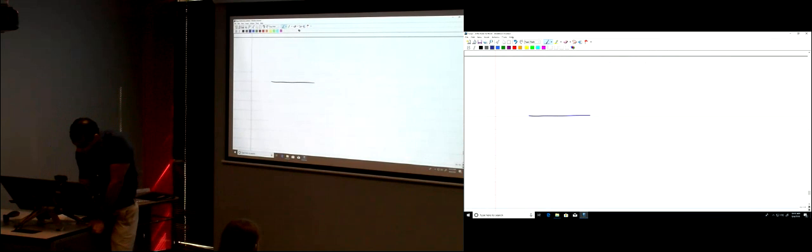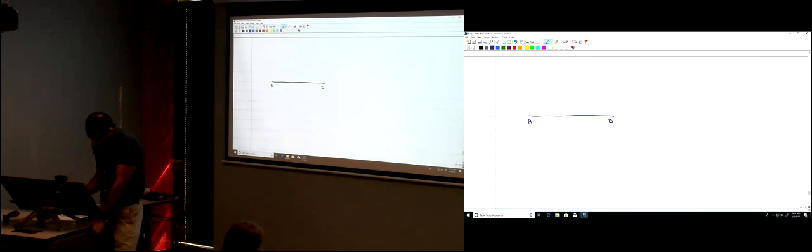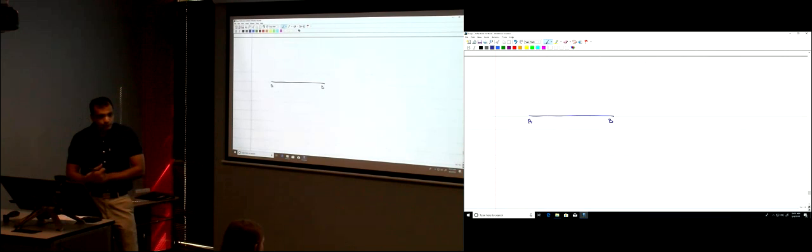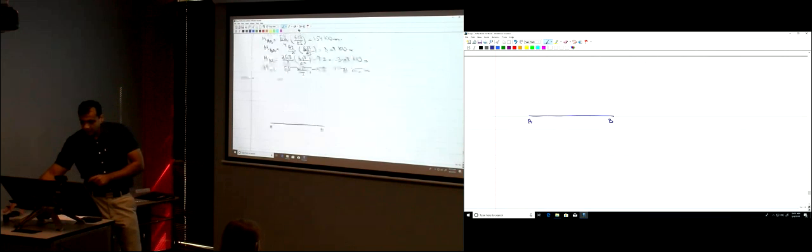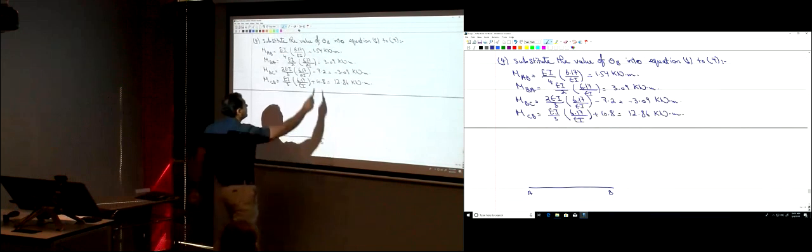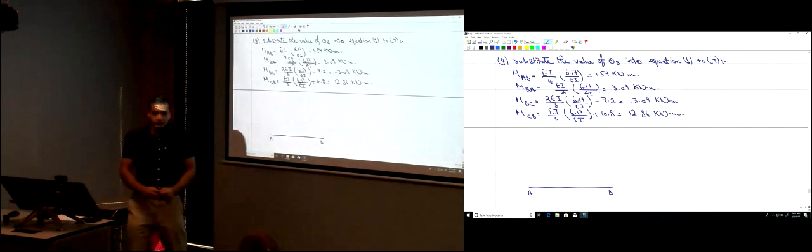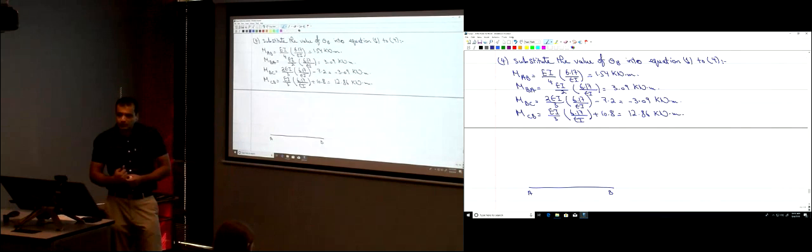So this is member AB. How much is MAB? 1.54. I just found the value here. Positive 1.54. That's what I got from substituting into the equation. What does positive mean?